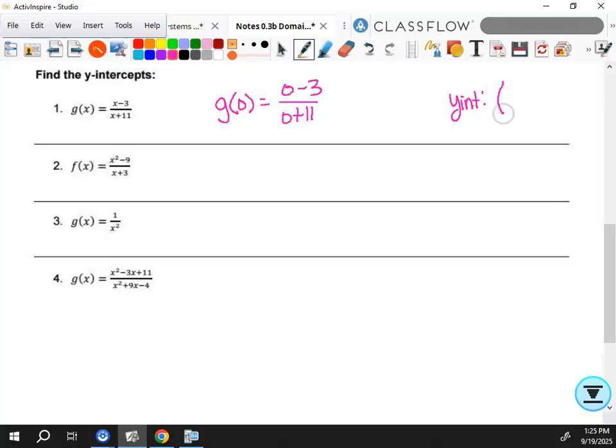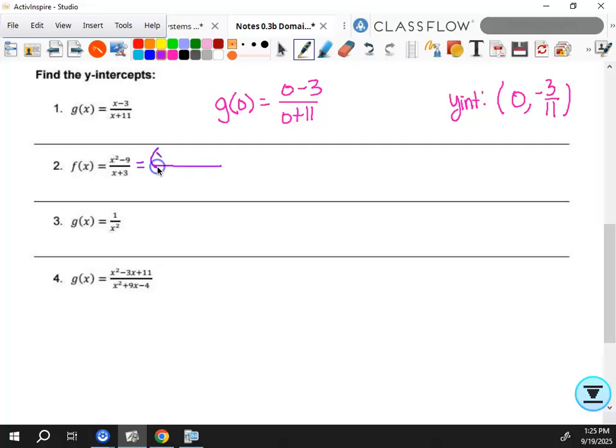The y-intercept is going to be an ordered pair, and you have to put the 0 in the correct place. Then that's just -3 over 11. That's it. It's that easy. Good?